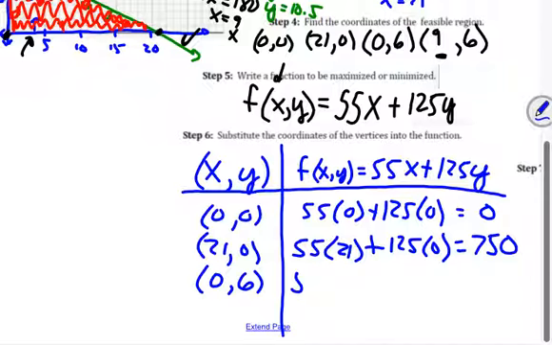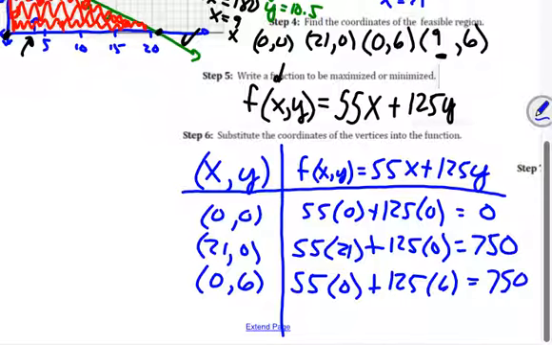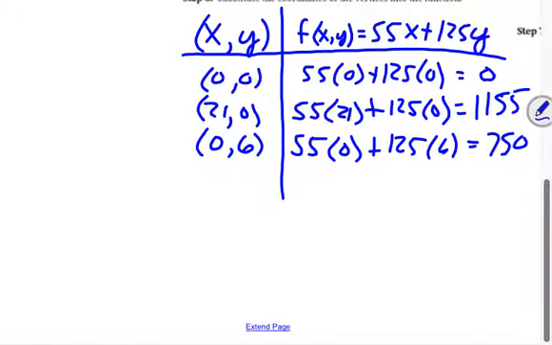That's 55 times 0 plus 125 times 6, and that is equal to, wait a minute here, that's 750. Sorry, I got it mixed up a little bit. 55 times 21 is actually 1,155. Oops. Hey, even teachers make mistakes.